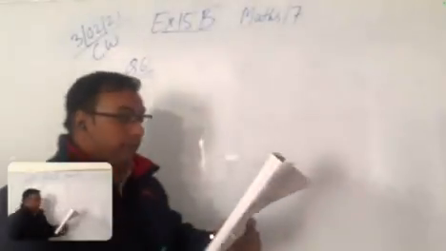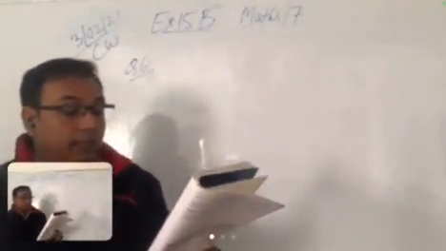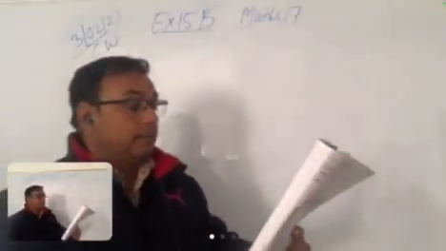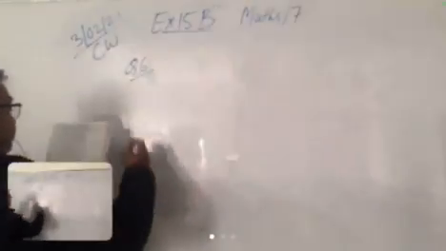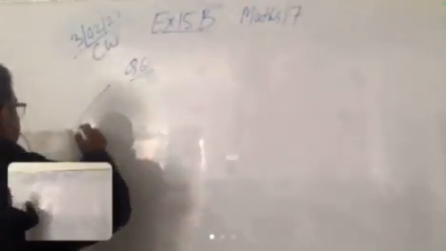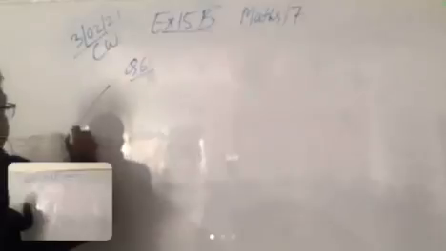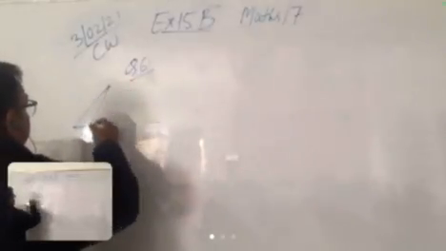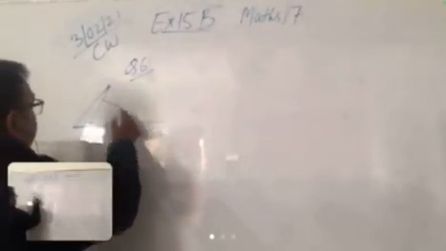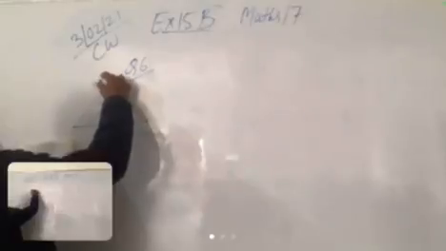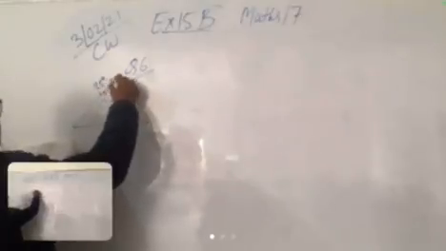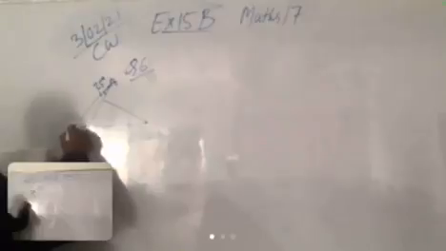Question number 6: in the figure given alongside, find angle ACD and AED. Now see, this is the figure here. This is 25 degree and this is A. This is B, 45 degree.